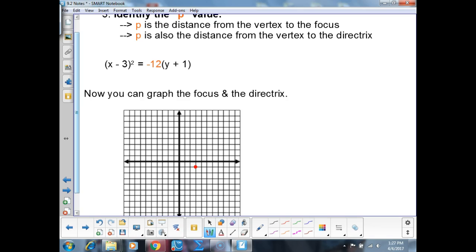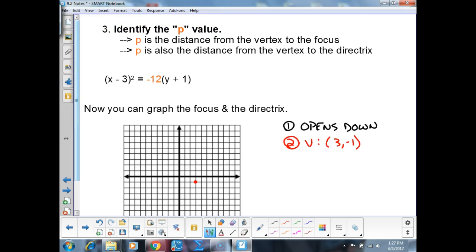So, step number 1 so far was, remember, it opened down. Step number 2 was our vertex was at the point (3, -1). Step number 3 now says we need to identify the p value.